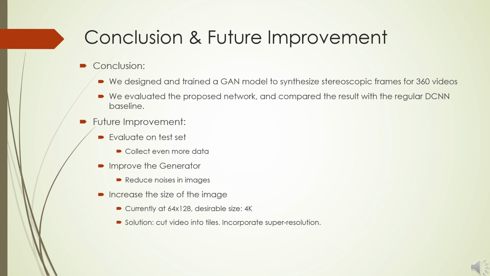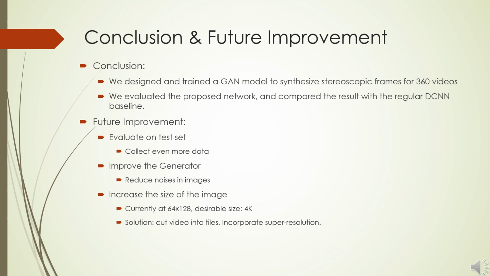Here is our conclusion and future improvement. First, we conclude that we have designed and trained a GAN model to synthesize stereoscopic frames for 360 videos, and we have evaluated the proposed network and compared the performance with a regular DCNN baseline.